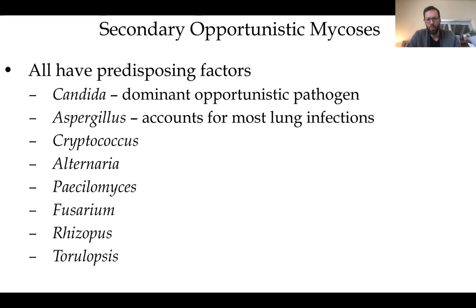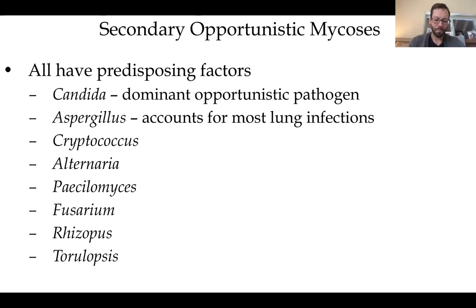And then these other ones, so rhizopus is typically the kind of molds that you see on bread and stuff. So often not an issue for the vast majority of human hosts. But if you do have some kind of immunocompromisation, or you have some other disease that forces you to become immunocompromised, right?